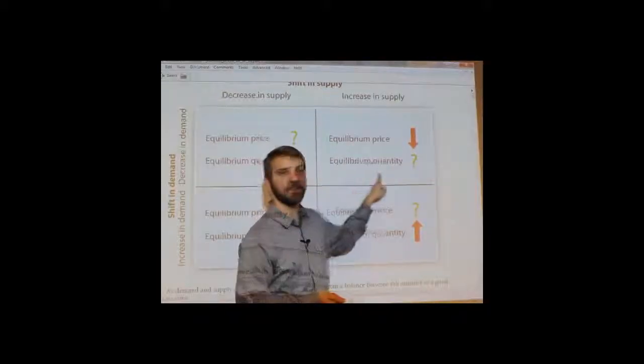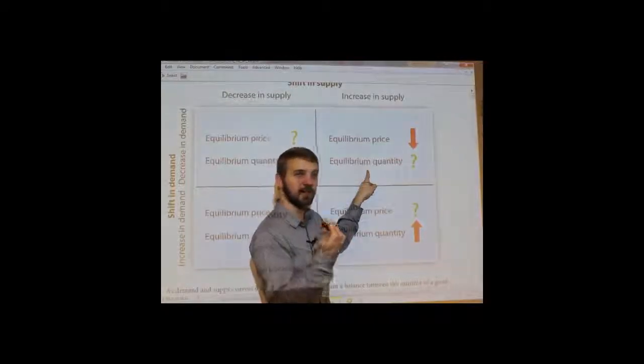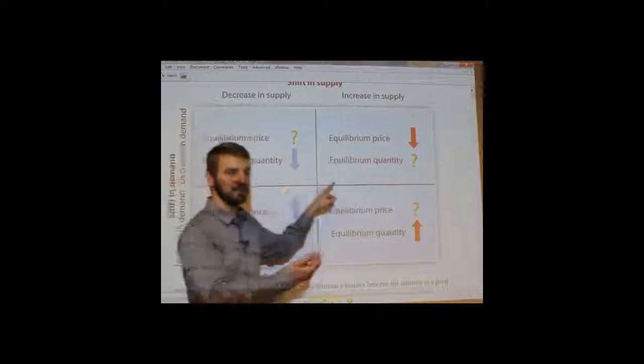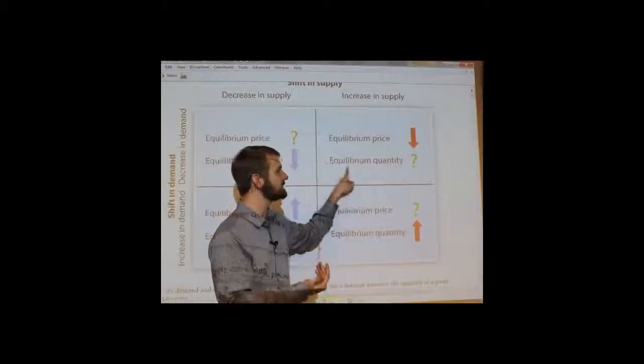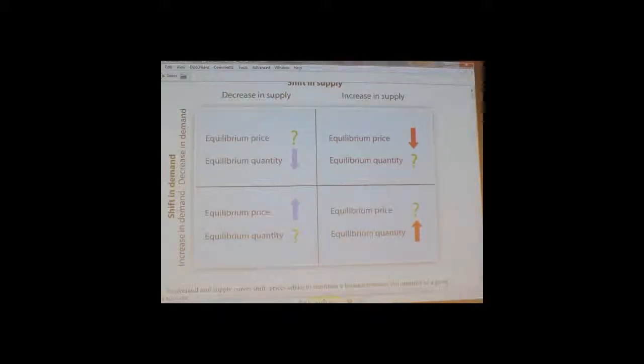But here they're working in opposite directions, right? Because the increase in supply causes equilibrium quantity to increase. But the fall in demand is working to make equilibrium quantity decrease. So again, whether quantity increases or decreases depends on the relative magnitude of the two shifts. And similar logic works for these two options in the bottom row as well.